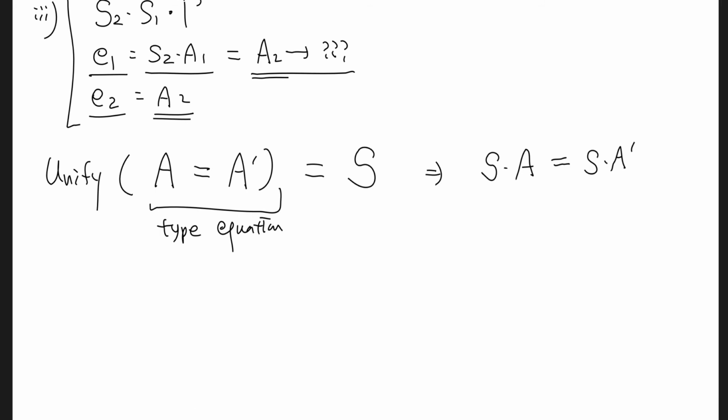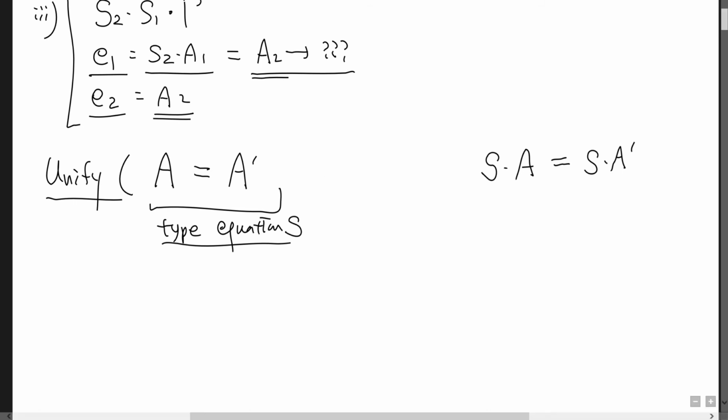Later we will see that this algorithm unify actually takes a set of type equations, not just one type equation. But the idea is the same. For example, it takes a series of type equations like A1 equals A1 prime, A2 equals A2 prime, up to AN equals AN prime.